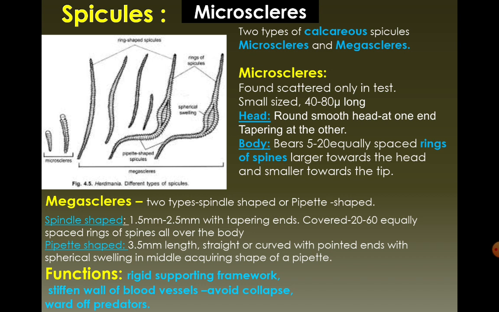Then you have to write about microscleres and megascleres and their function along with the diagram of microscleres and megascleres for 5 marks. And they may also ask you to write about the different kinds of cells or corpuscles seen in the test of Herdmania. Then you have to write all those 6 different types of cells for 5 marks along with their diagrams.